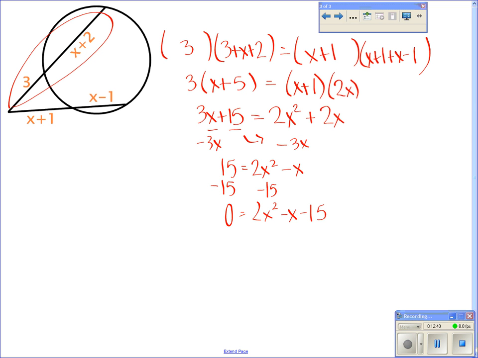Now, last year, all of you, at some point, whether you remember or not, had a unit on factoring. You had quadratic equations like this, and you learned how to solve them using either the quadratic formula, negative b plus or minus the square root of b squared minus 4ac over 2a. Does that sound familiar?